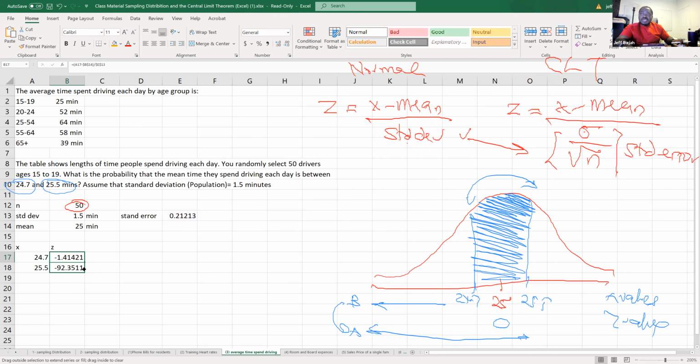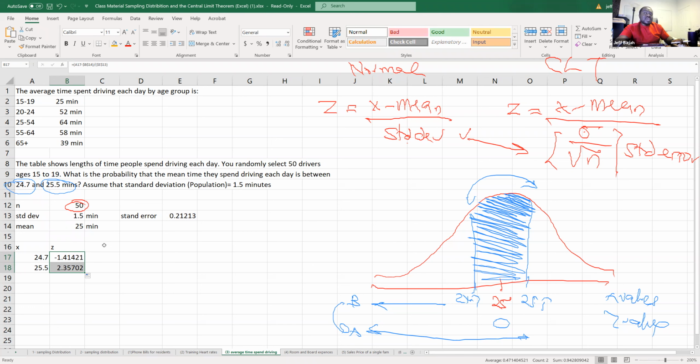Yeah, the numbers were crazy. Usually when you're solving questions, you want to make sure you put your parentheses, because if you don't do that, Excel sometimes doesn't recognize it. So I like to actually overdo it. That way I don't have any scenario where I have issues. So this is your Z value. So we now know what our Z values are.